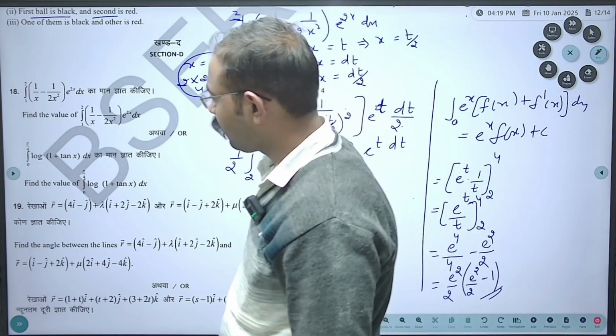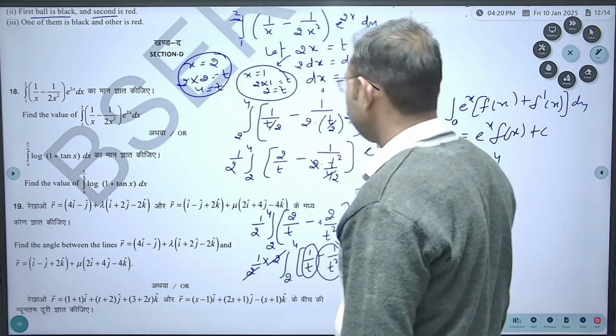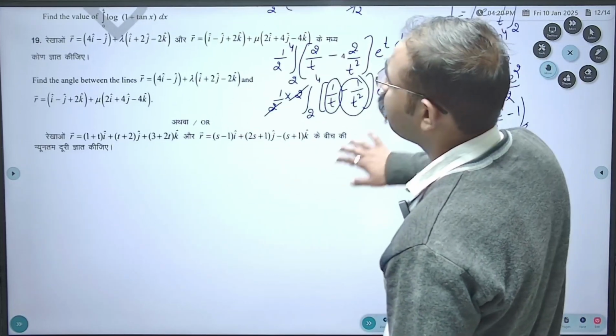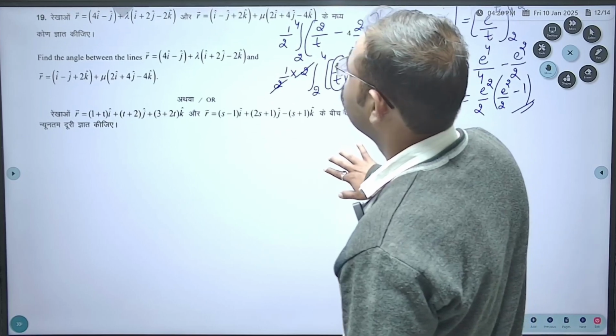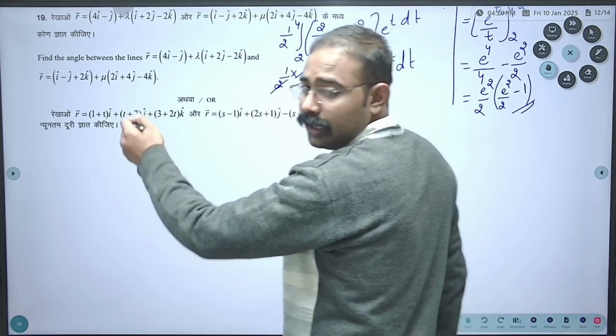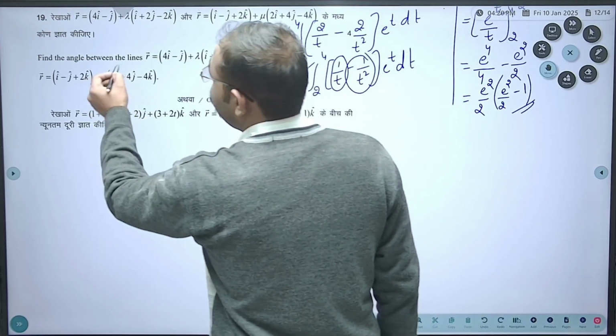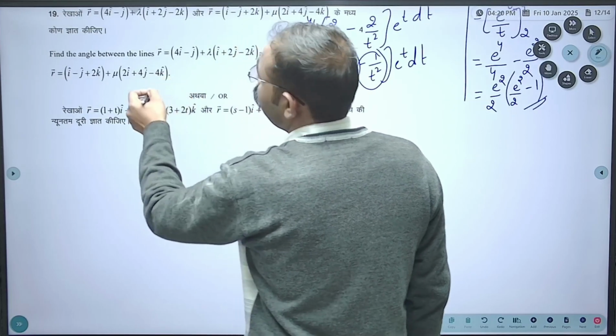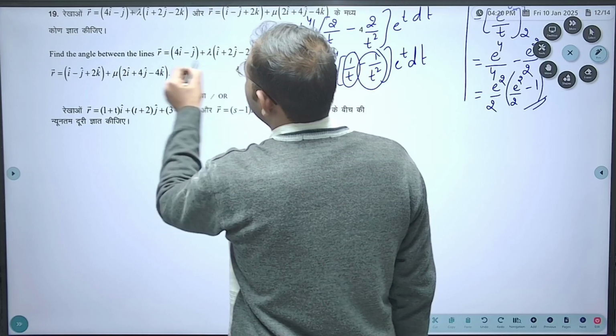Next is question number 19. In question number 19, we have to find the angle between these lines. We have to find the angle between both these lines.